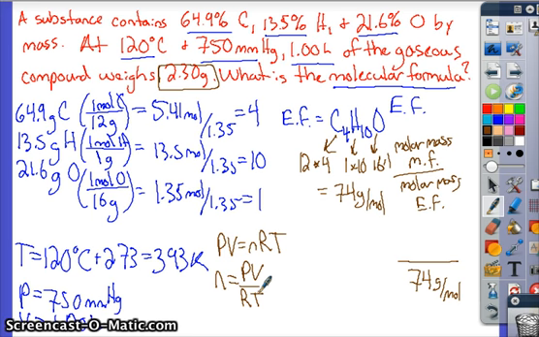We would have a pressure, 750 millimeters mercury, a volume of 1 liter, a temperature, and R, which we would look up. In this case, we want to use the R value that is linked to having pressure units of millimeters of mercury.